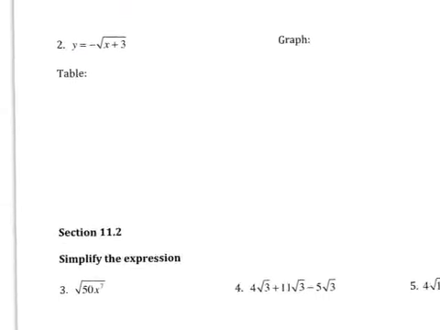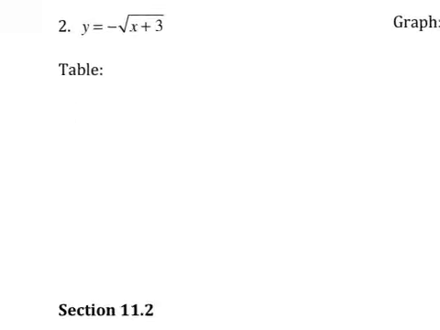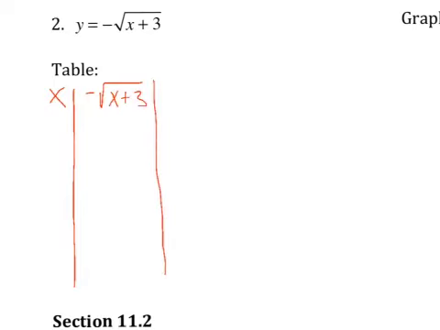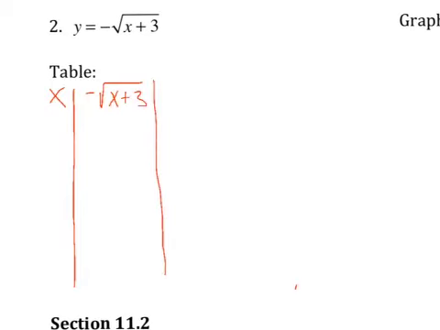For number 2, you can see that we have an x plus 3 inside the square root. When we make our table, we need to be careful about what x values we plug in. For example, I wouldn't want to plug in the x value 0 because I would not be able to take the square root of 3.